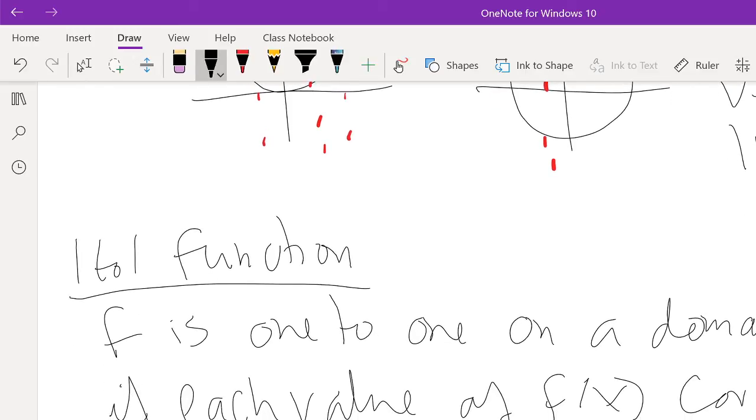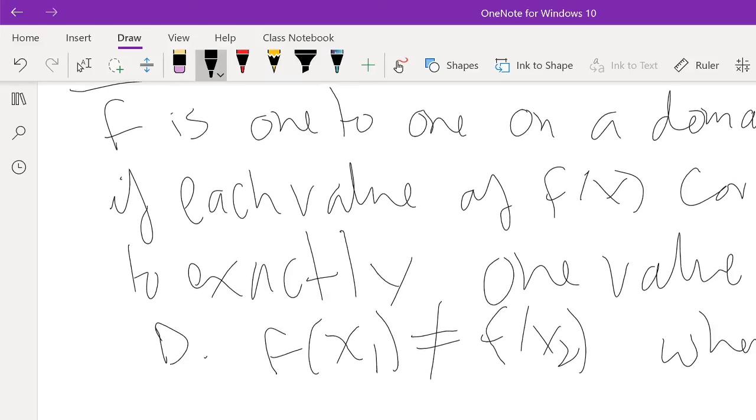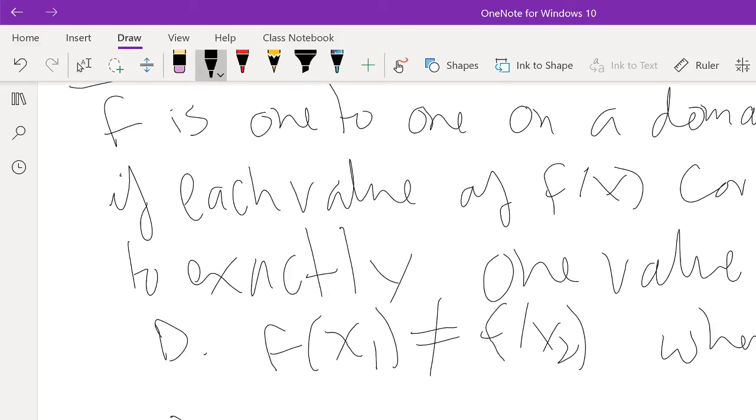All right, so in other words, algebraically, what this means is that f of x1 does not equal f of x2 whenever x1 does not equal x2. And these values x1, x2 are just any elements in the domain.